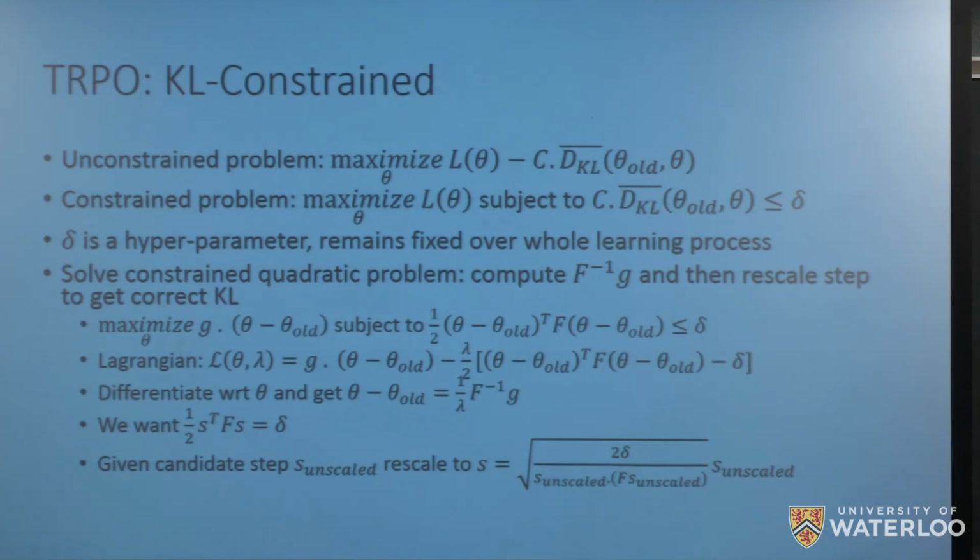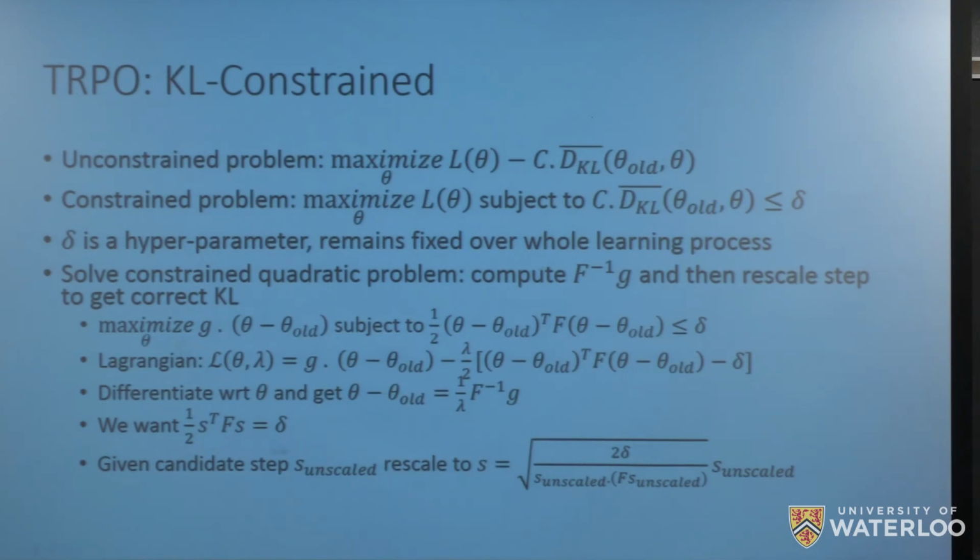To solve this particular equation, you can again use the Lagrangian, which turns out to be this form. Then you can differentiate it with respect to theta, and you eventually get this solution, which is almost the same, where F here is again the Hessian, which we can compute using the conjugate gradients.